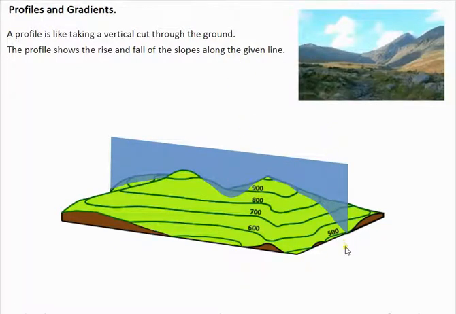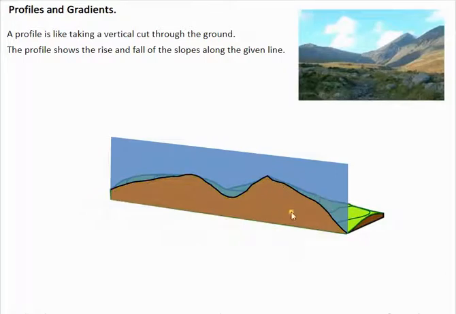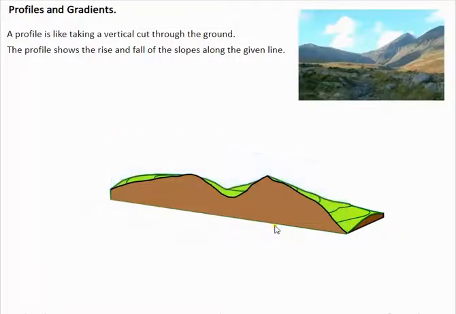You'll notice it makes a line along the edge where it cuts into the land. That line, represented in black, is what a profile is called. So that's our profile line on the drawing. If we remove the land, this shows the profile of the land. It's a slice down through the land.